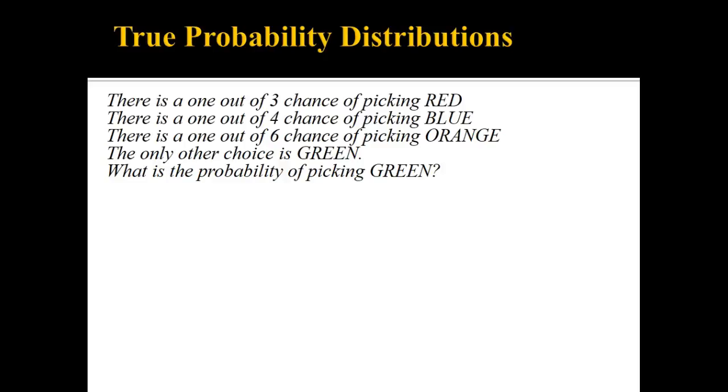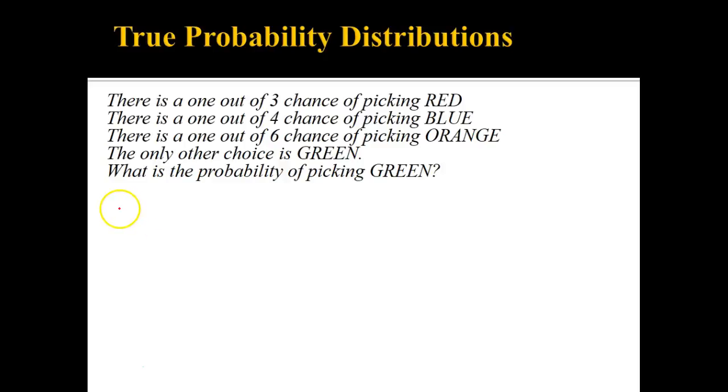Probability distributions always add up to 100%, which in decimal form is 1. So 100% or 1. I've made up a probability distribution here. I'm giving it to you in words, and we can write it in a chart if we want to.